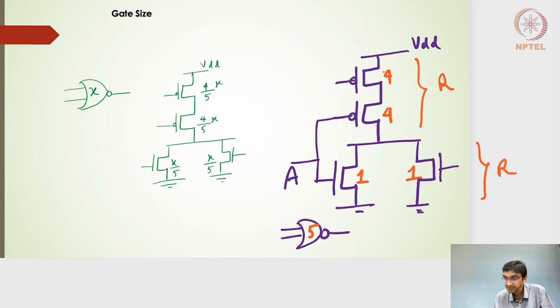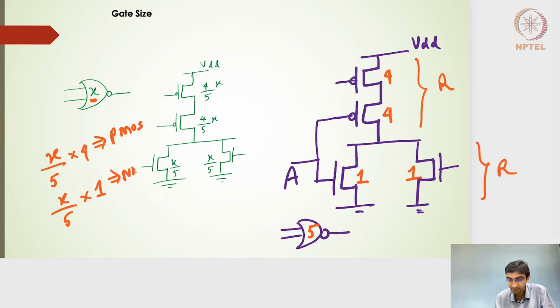Where 4 parts are going to the PMOS, and 1 part is allocated to the NMOS. So given an X size here, we will create 5 parts, and 4 parts will be going to the PMOS side, and the remaining 1 part, X by phi multiplied by 1, will be going towards the NMOS side.